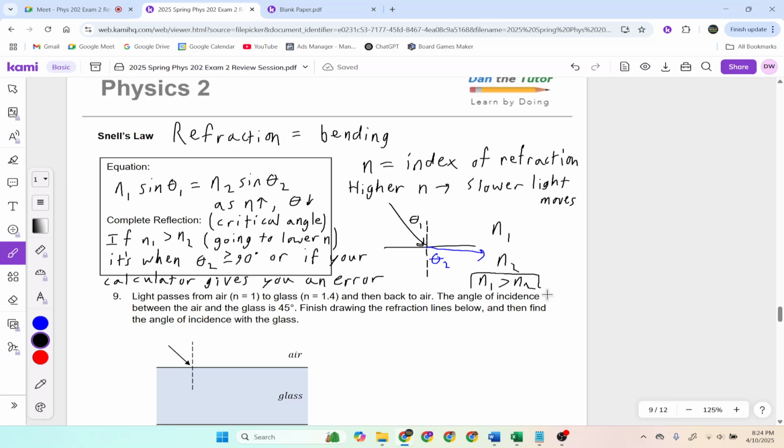You'll know it when you see it because your calculator will literally say error. If this ever happens, it means you get complete reflection.